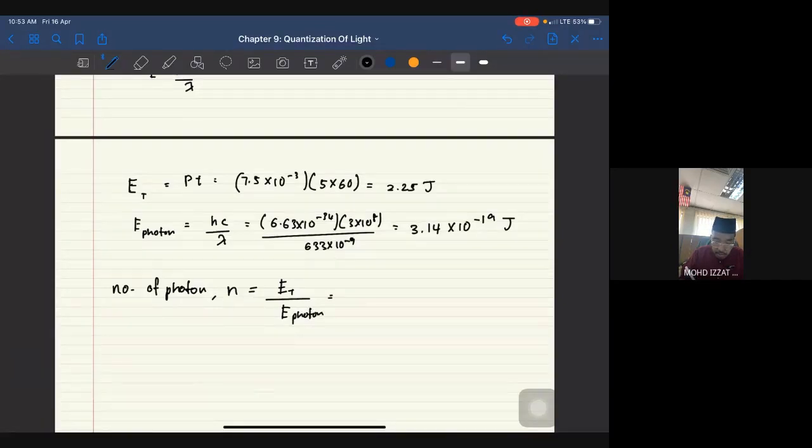So this one will be 2.25 divided by 3.14 times 10 negative 19. So you get 7.16 times 10 to the power of 18.